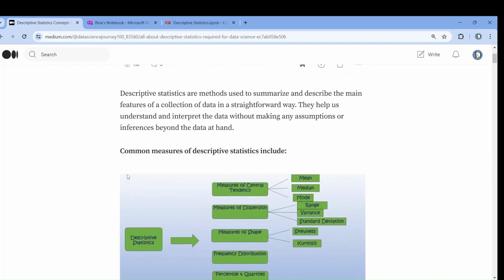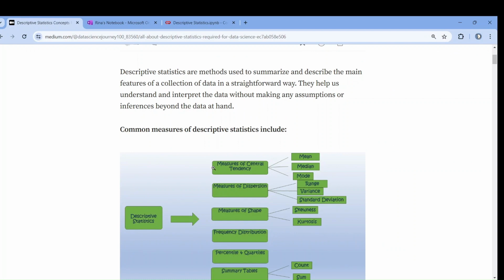Measures of dispersion. So as of now, we have completed measures of central tendency, that is finding the central point, the middle value. It can be done in three ways: mean, median, mode. Mean has other types also, like trimmed mean, where the smallest and largest values are removed and the mean is calculated on the remaining values.